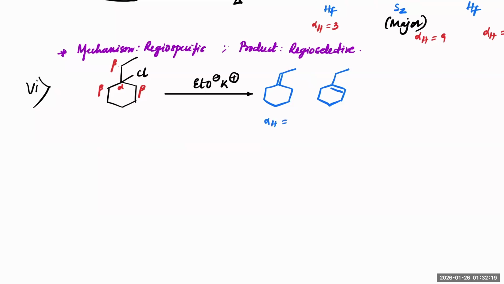Now we notice the alpha hydrogens in this case come out to be 7. Alpha hydrogens in this case come out to be 6. But you know what happens? Still, this one is major. This one is minor.